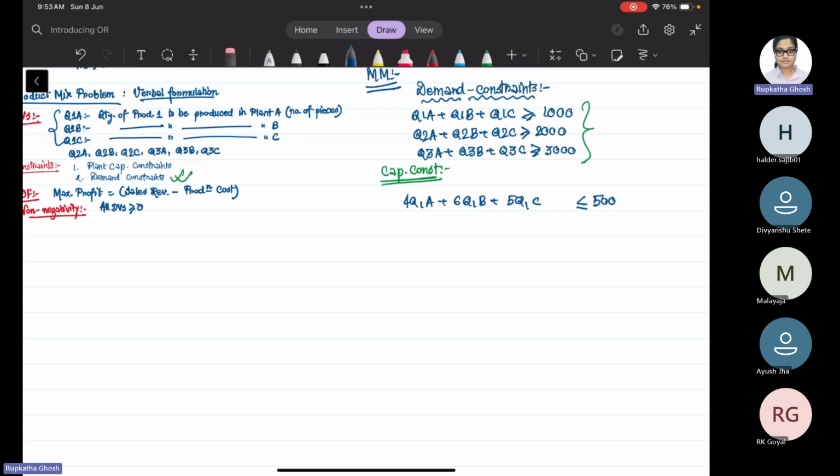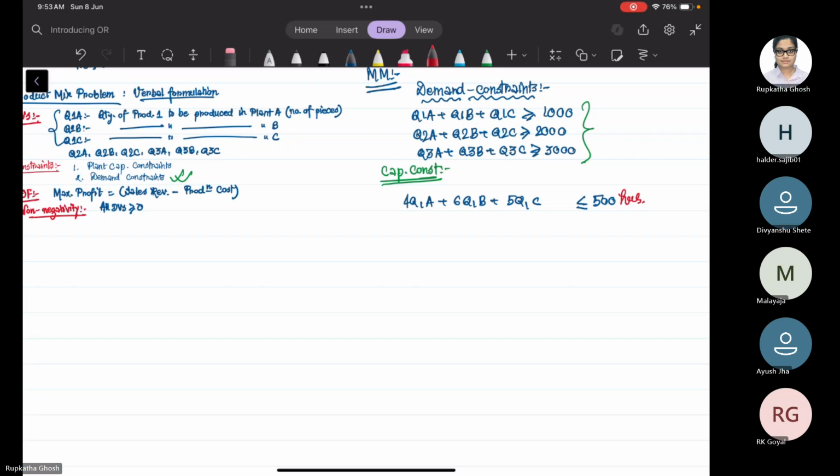A very simple problem, which is why I taught you in the very first class that when writing constraints or decision variables, something else has to be taken care of. Do you remember what I said? The units. Exactly. The problem is with the units. Because 500 is in hours and the other units are in number of pieces per hour.